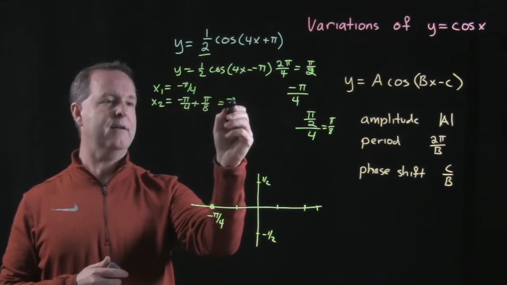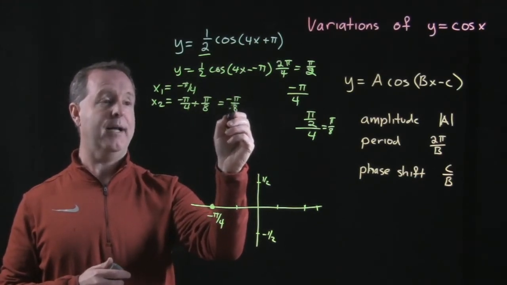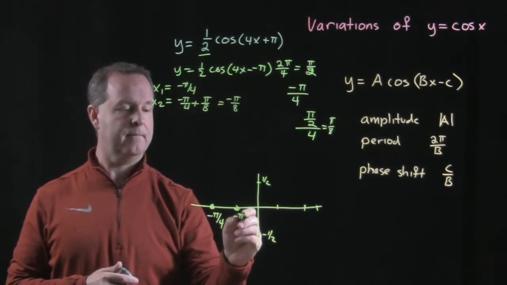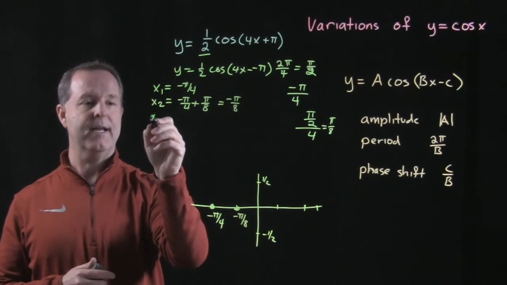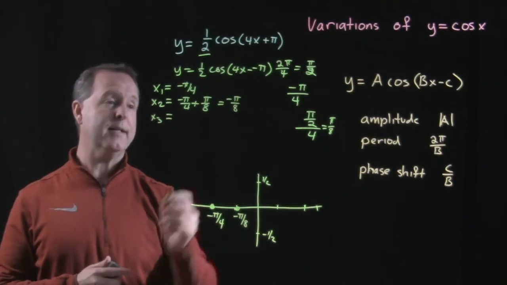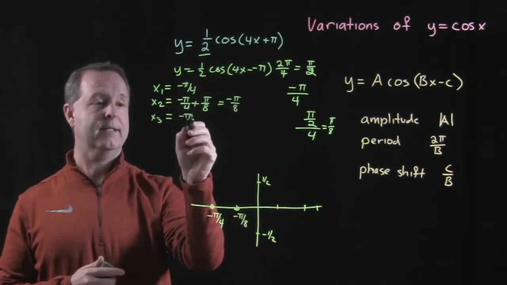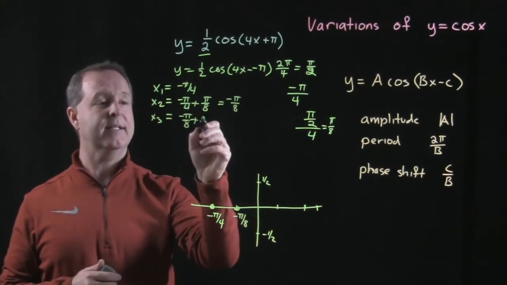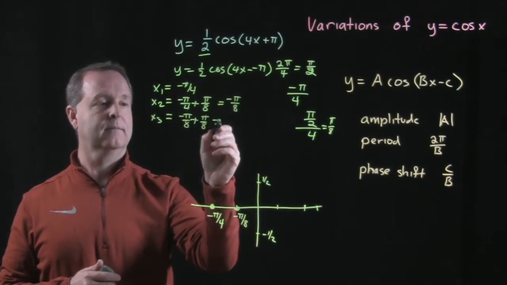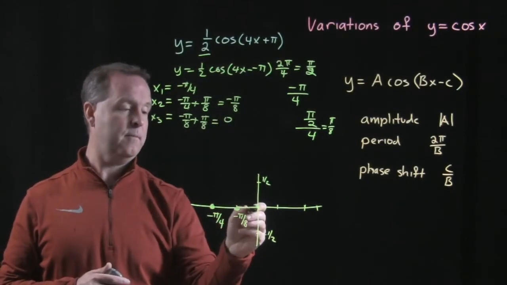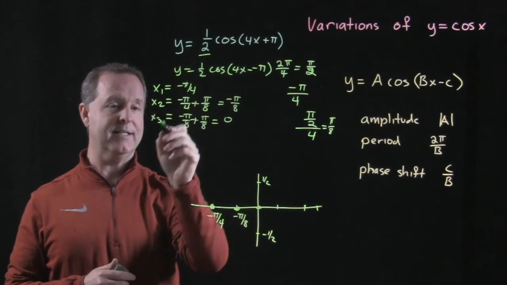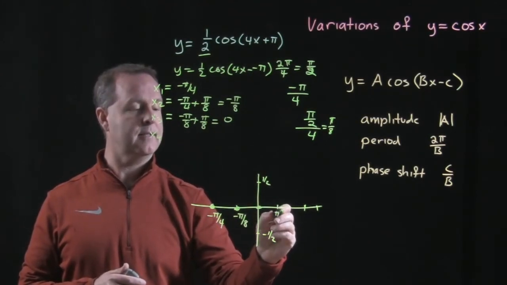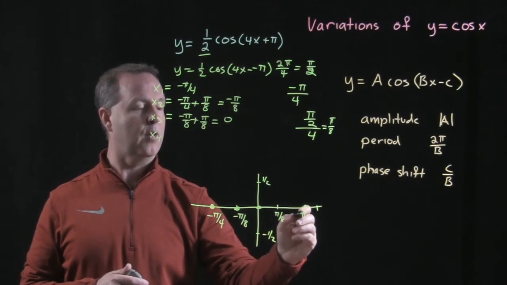So it looks like negative pi eighths is my next spot. x3, my third point, starts from negative pi eighths. I know my next position is pi eighths past that, and that equals 0. If I continue on, my next point is going to be positive pi eighths and then positive pi fourths.